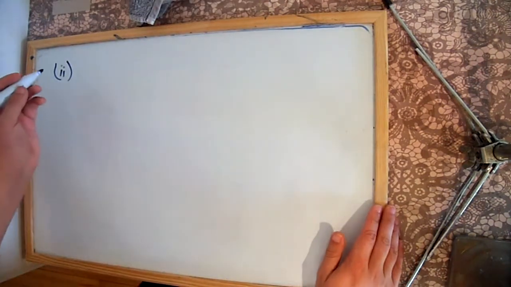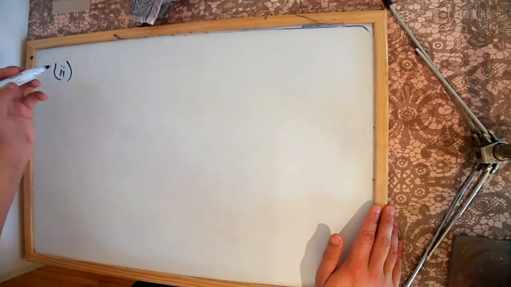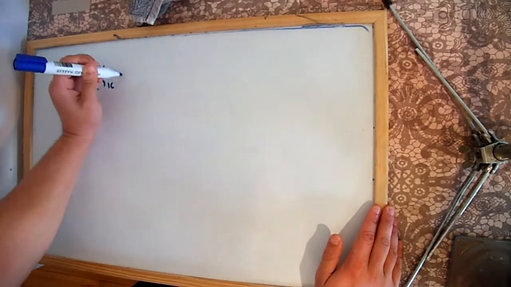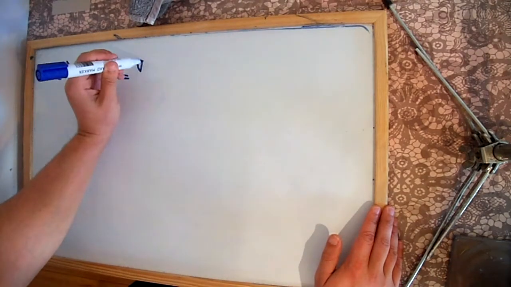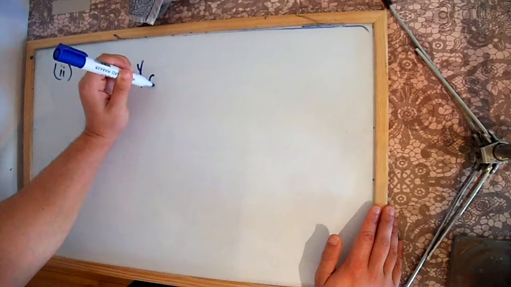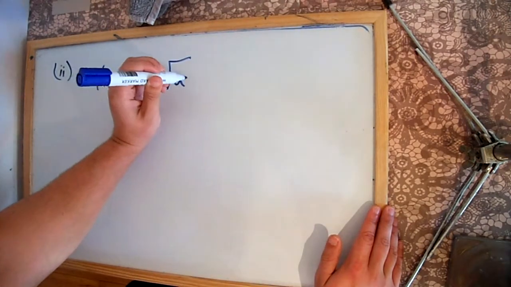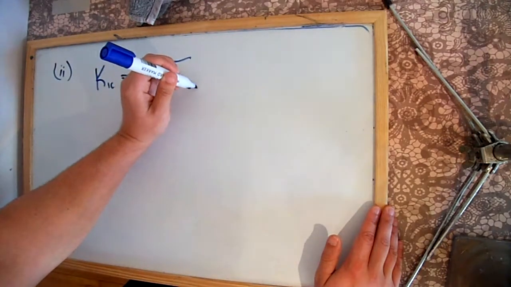So now we're going to try and solve the second part of the question. So we have Paris formula, which says that the critical crack intensity factor is equal to y multiplied by stress times the square root of AC pi.